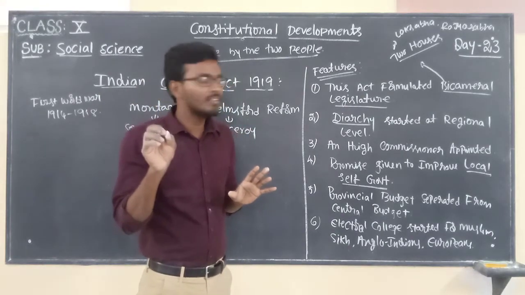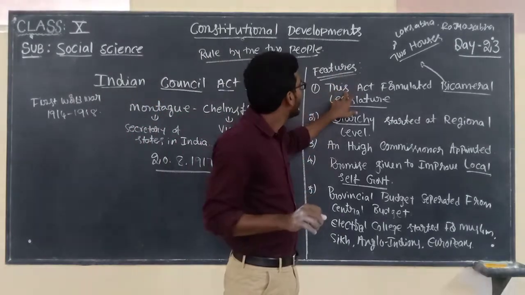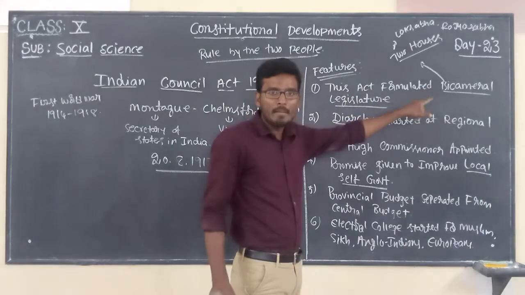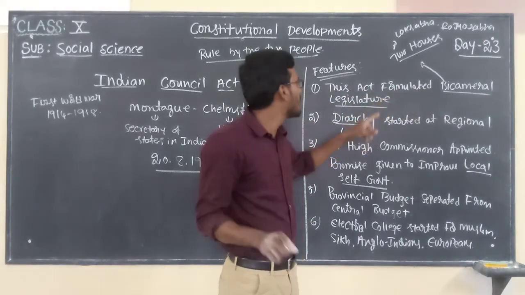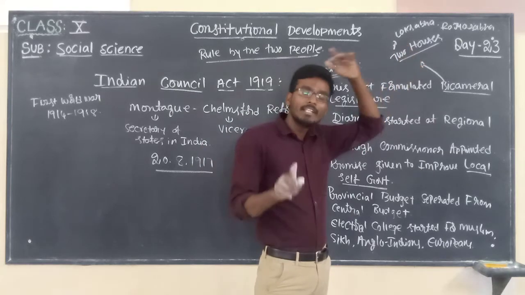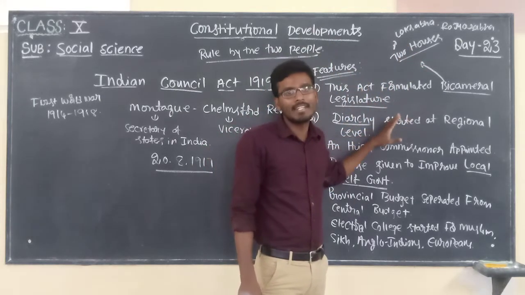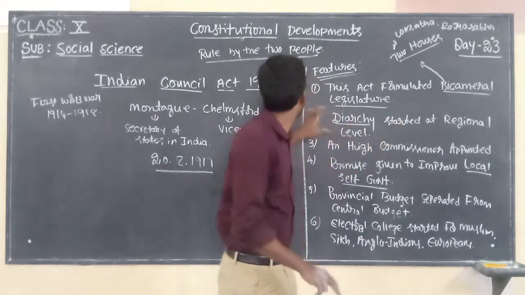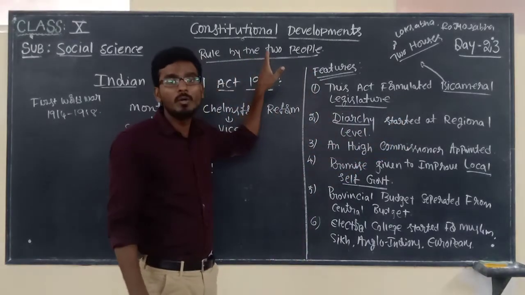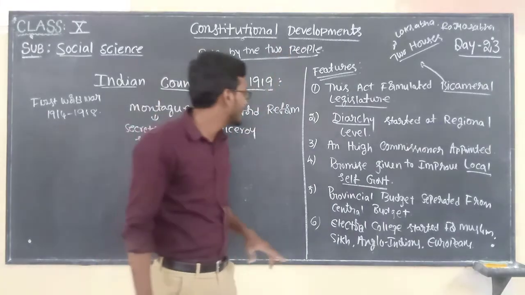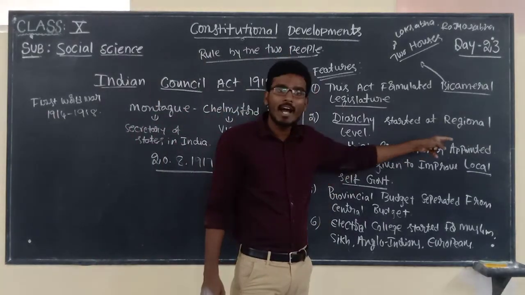See, what is the first feature, students, here? This act formulated a bicameral legislature. I told you already, bicameral means the legislature having two houses. Next point, diarchy started at a regional level. Diarchy means rule by two people or two authorities. And a high commissioner appointed.